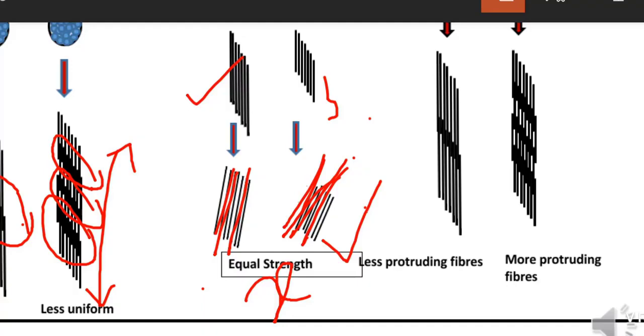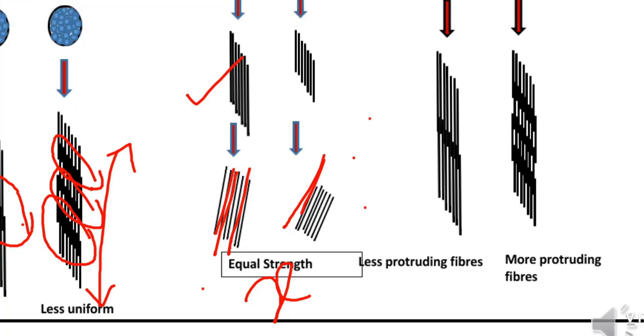And when you require lesser twist, then ultimately production of ring frame will increase. When there is an increase in productivity, your process will become economical. You can earn more profit. Thus, twist level in yarn is decided by length of the fiber.